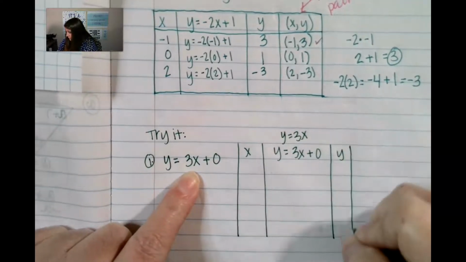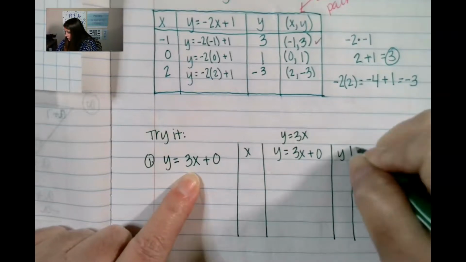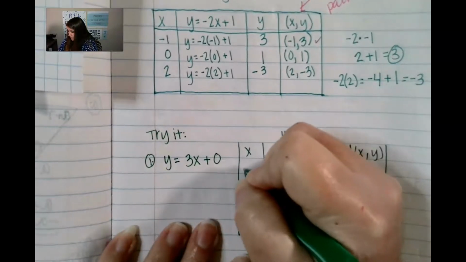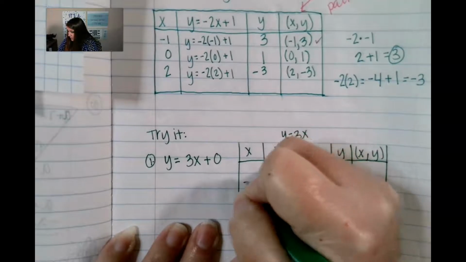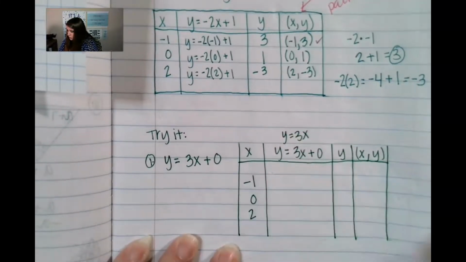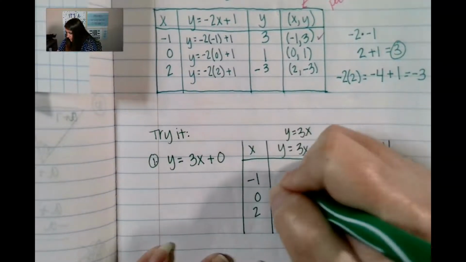Y and x, comma, y. All right, let's go ahead. My first value I'm going to use is going to be -1, then 0, and then a 2.